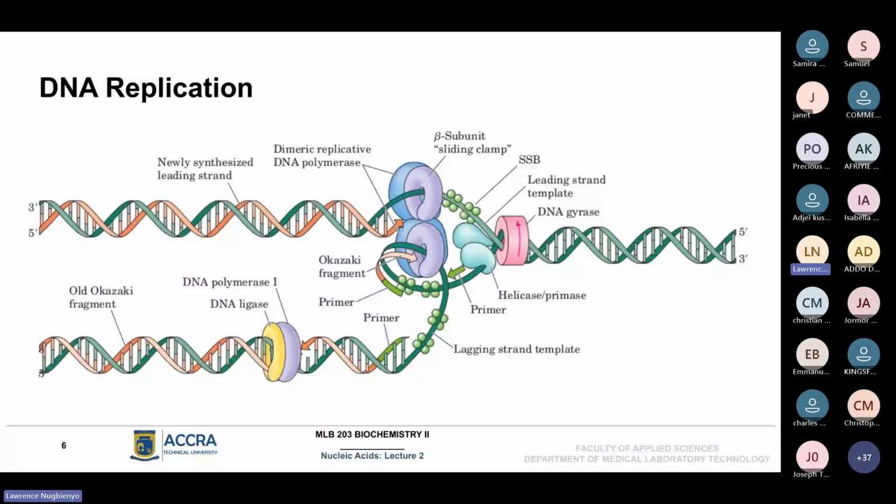So what it means is that in these primers, you are going to have the ribose sugar, and the base that will be in place of thymine is going to be uracil. So in the end, if you are going to have two separate DNA molecules, these primers will have to be removed. So the primers will be removed and then replaced with deoxyribonucleotides.